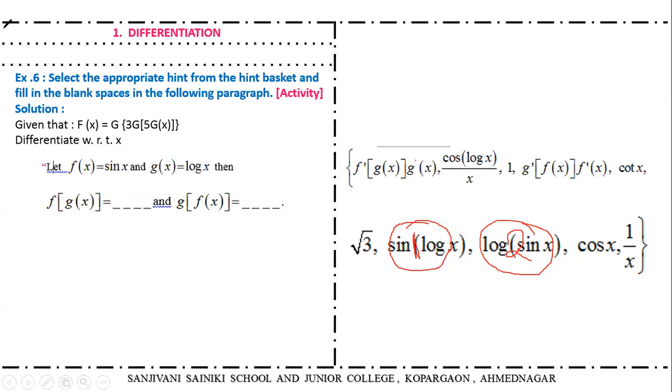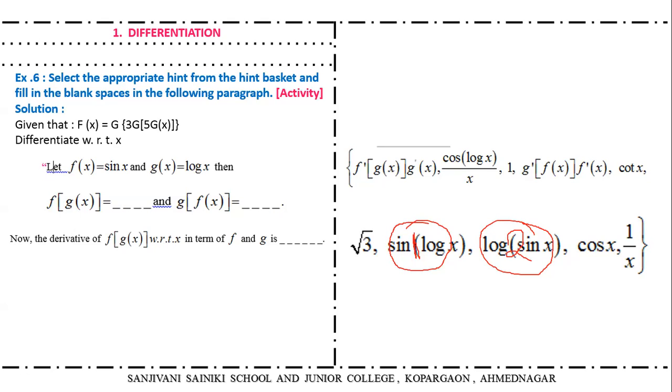Then the next one is the derivative of f of g of x with respect to x in terms of f and g. Derivative of f of g of x with respect to x. F of g of x is sin of log x.